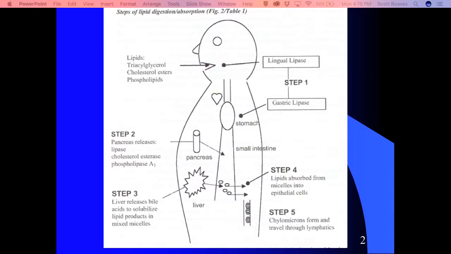Lingual lipase tends to make diacylglycerol and fatty acids. Right? So we know what we're talking about here. Here's our triglyceride: glycerol backbone, 3 fatty acids. So the diacylglycerol is going to tend to have this.